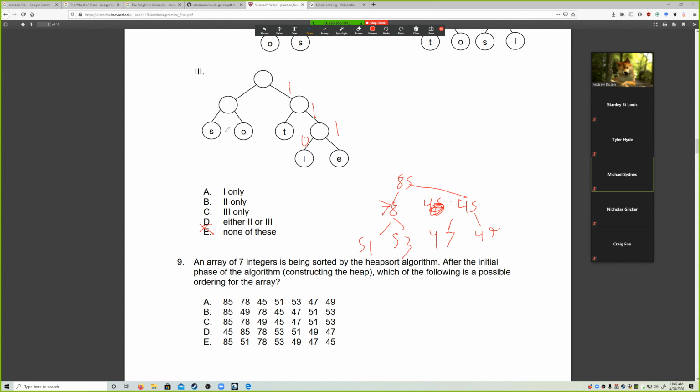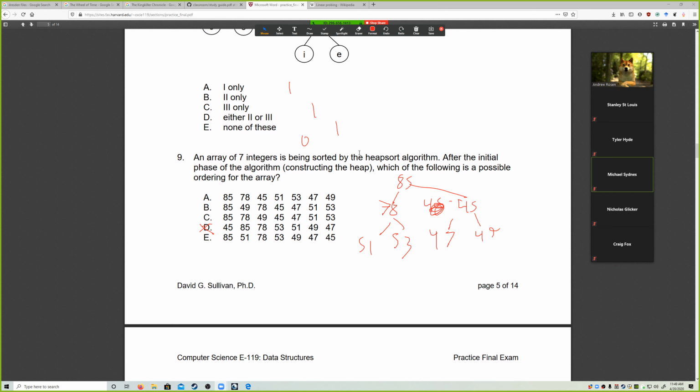So the only way that will happen is if these guys have lower frequencies. And the problem setup said I and E have the highest frequencies. So that's why. Okay. There we go.